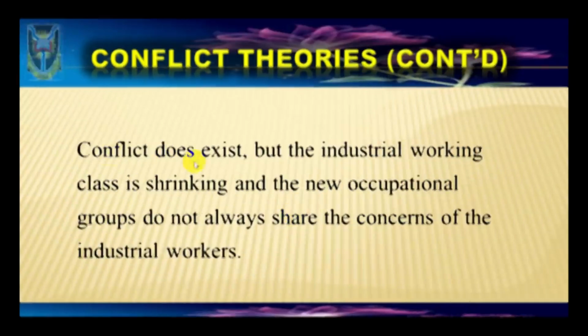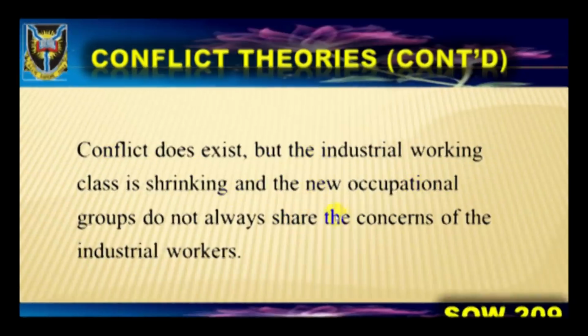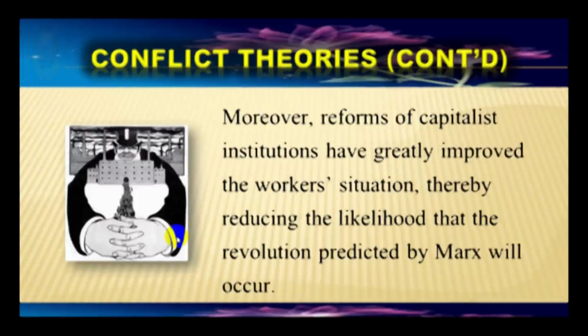Conflict does exist, but the industrial working class is shrinking, and the new occupational groups do not always share the concerns of the industrial workers. Moreover, reforms of capitalist institutions have greatly improved the workers' situation, thereby reducing the likelihood that the revolution predicted by Marx will occur.